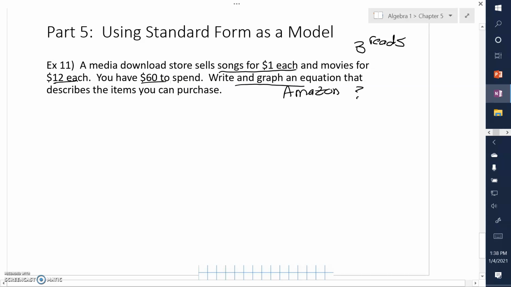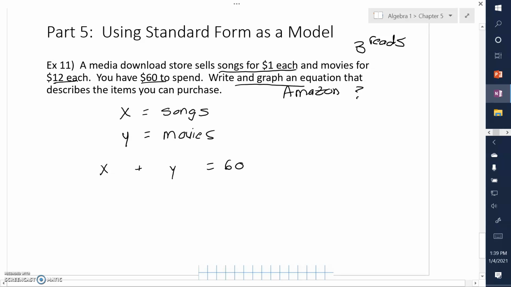So now I need to write an equation, and I'm going to say x represents songs, y is going to represent movies. I know I have $60 to spend, so I'm going to get so many songs, and I'm going to get so many movies. I'm going to spend so much on songs and so much on movies.